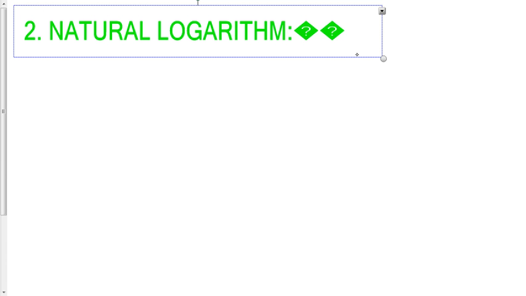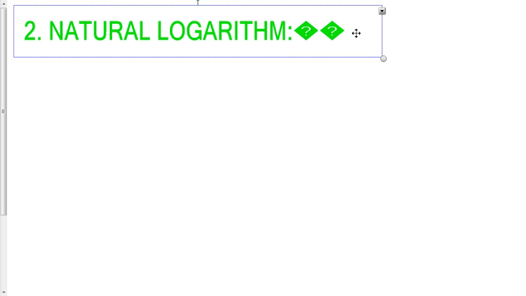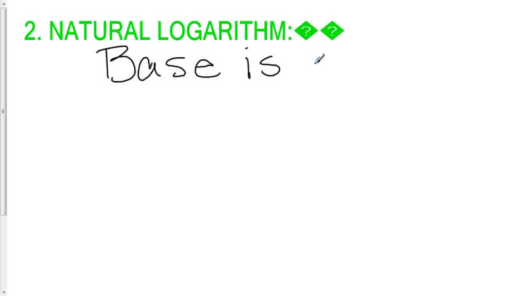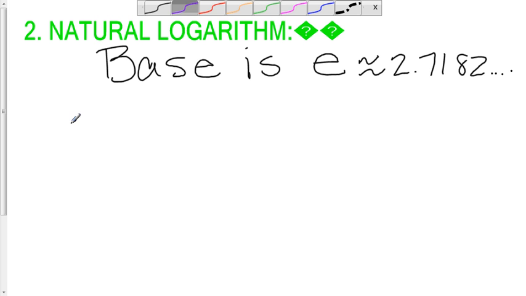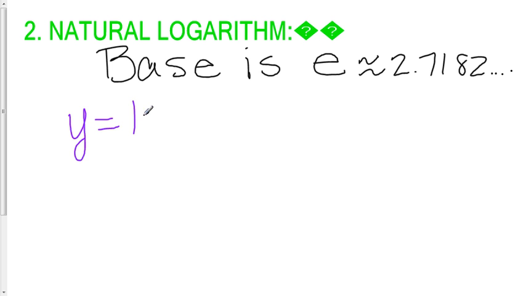The second type of logarithm is a natural logarithm. And a natural logarithm, the base for this is e. Remember, e is that value that is approximately equal to 2.7182 and so on and so forth. So it would be written as this, log base e of x.